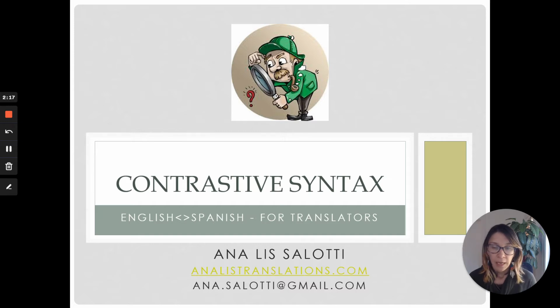So syntax is the way language is structured. In simple terms, it's the way words are put together, the way we order words, or in more technical terms, parts of speech, so phrases or a word group. Languages don't put words in any which way.